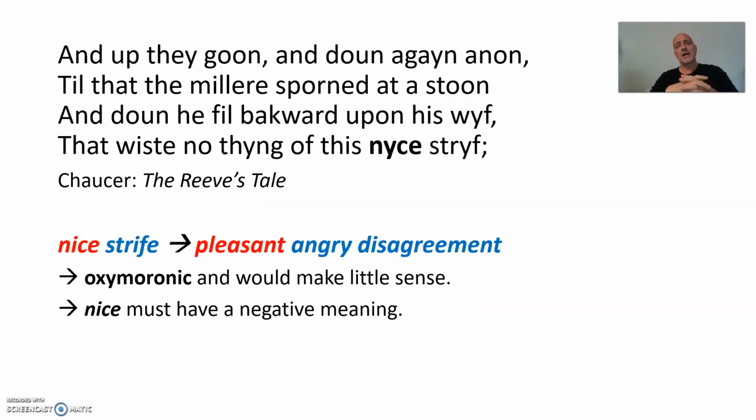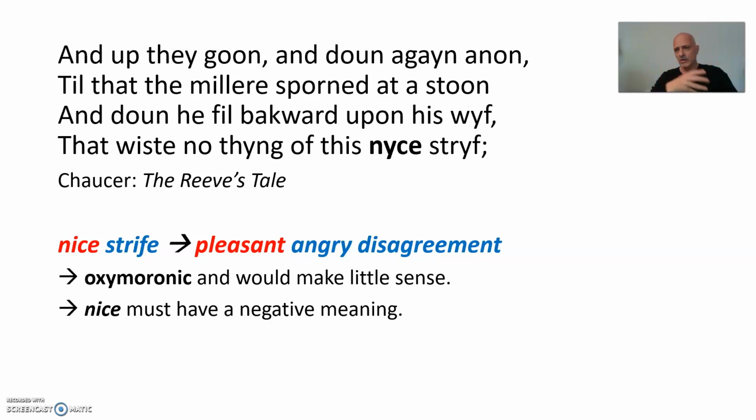This is a text which is comparatively old. Chaucer's Reeve's Tale, dating back to the 14th century, and there the word nice appears. Spelling doesn't matter. It's spelled with a Y, but it's the same word. I would like to briefly regard that here.